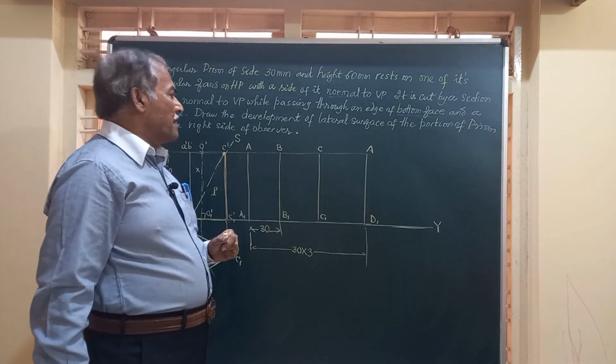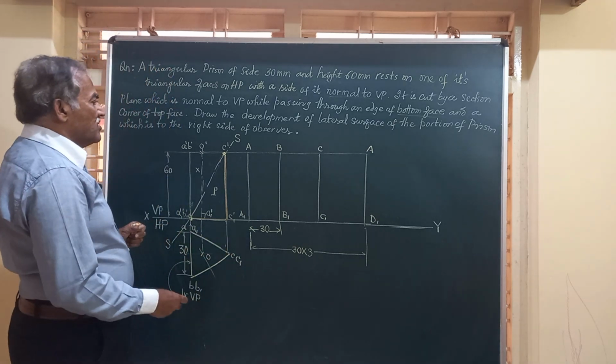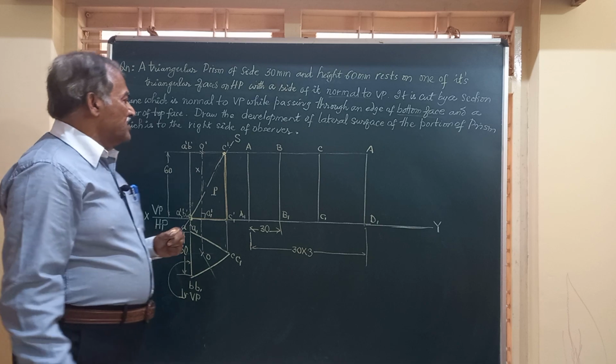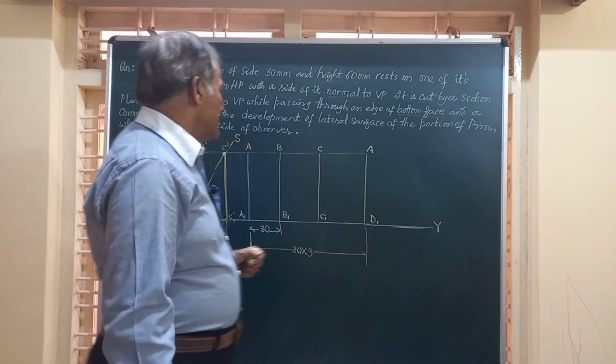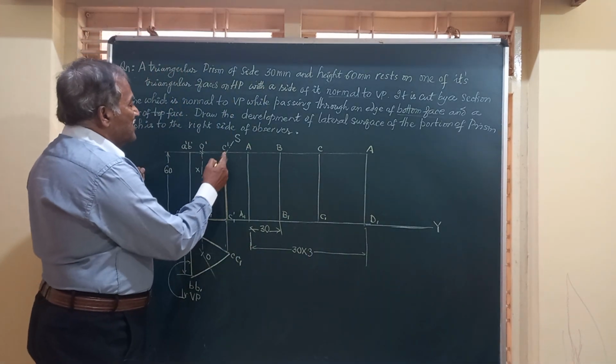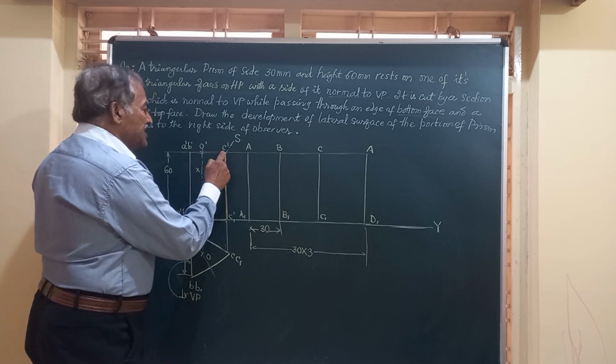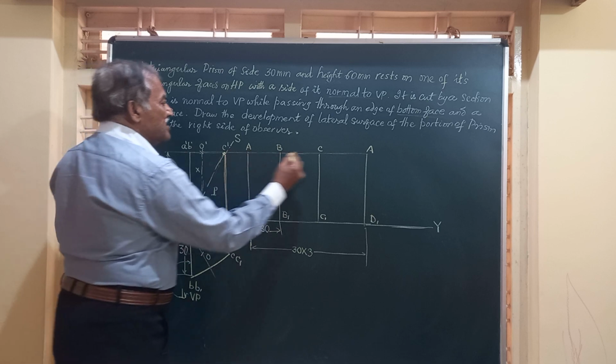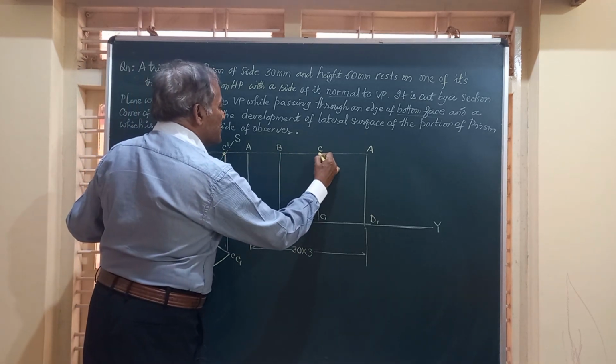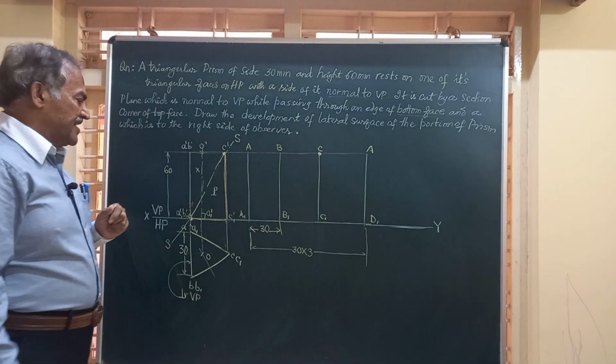And now friends, let us see which are the edges cut by the section plane SS. If you observe here, the section plane SS is passing through C, the corner in the top face. That corner is here, so this is the only point you get there.